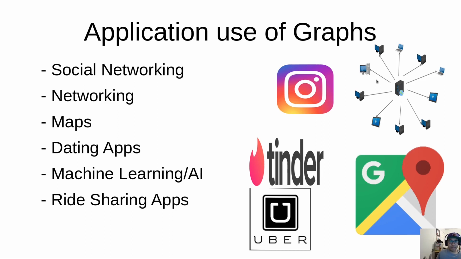In maps, to help you find the shortest path to your destination, something like Google Maps. Dating apps to help you find love, the best or possible match for you in your area.